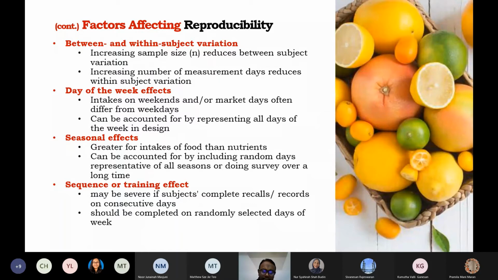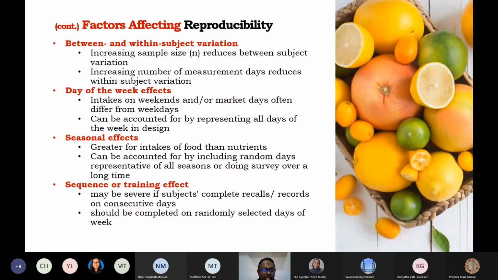If you have a larger sample size, between subject variation will be reduced. Between subject A and subject B, the variation might be reduced. And if you increase the number of days, instead of 3 days recall, you do 7 days recall, by doing that you will reduce the within subject variation.